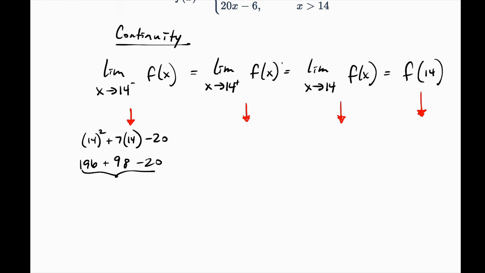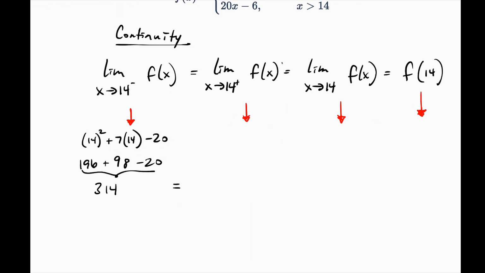Let's see, add them all together, we get 294, 314. Yep, unless someone has a better answer. I'll take it.